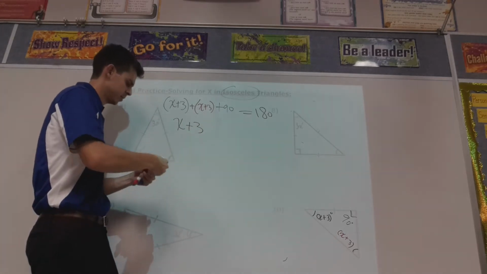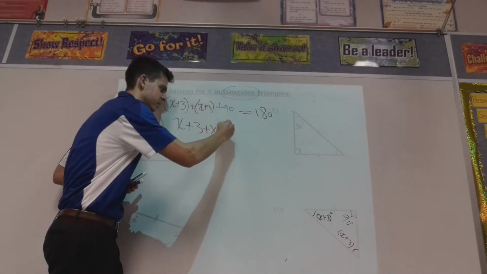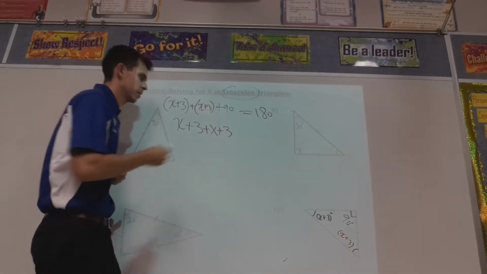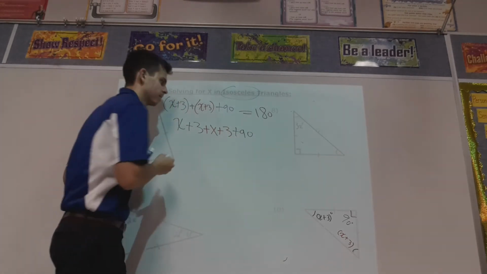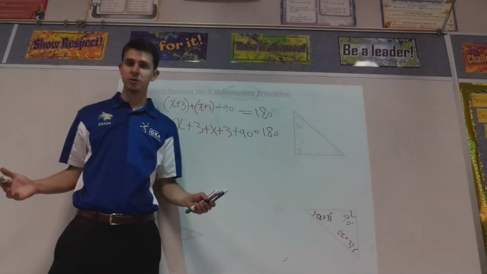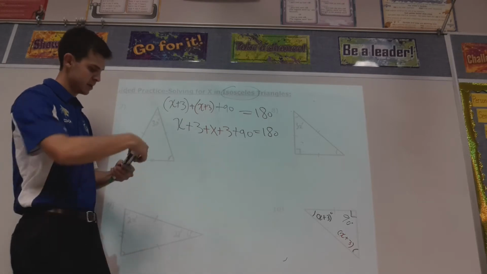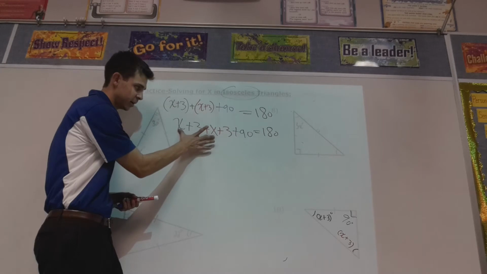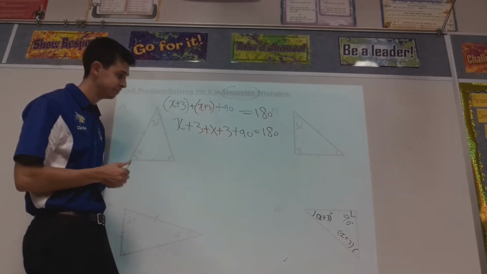X plus 3 plus x plus 3 plus 90 is equal to 180. Now let's just combine the terms. Let's shrink this down as much as we can. And if it takes you a few steps, that's okay. We've got 1x here and 1x here. How many total x's do I have?